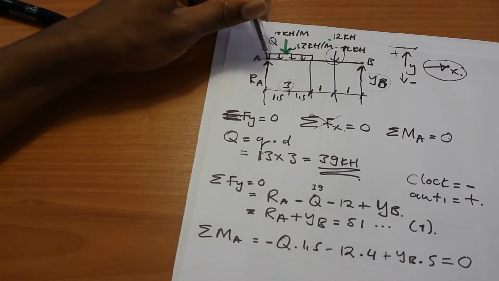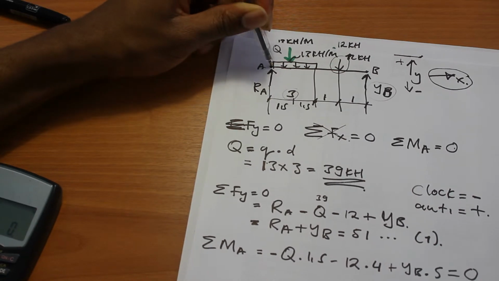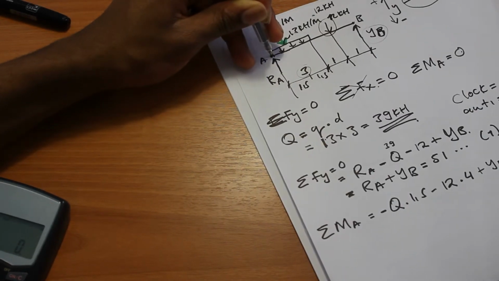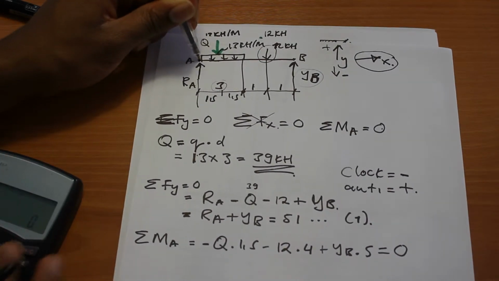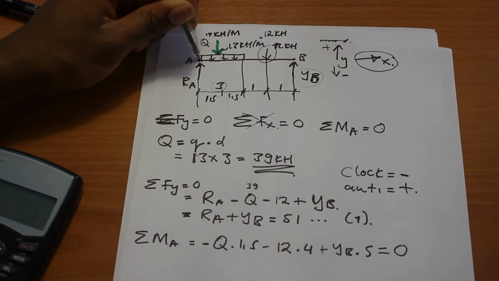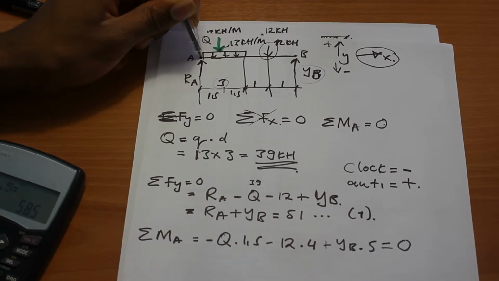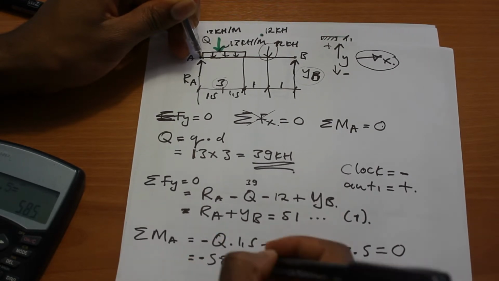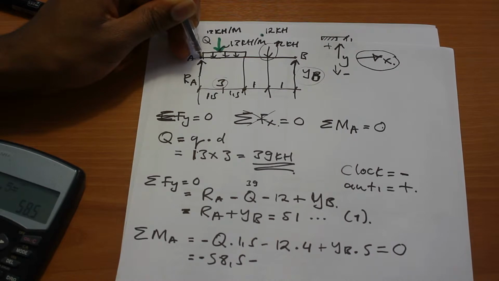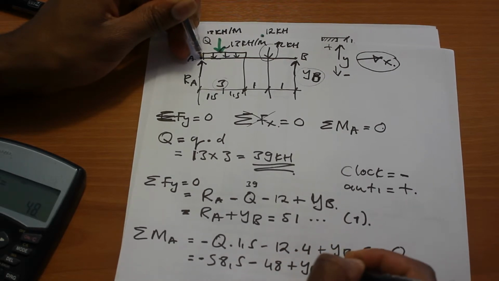I have the value for Q. The value for Q is 39. So I can comfortably say that 39 multiplied by 1.5 will give me 58.5, minus 58.5, and then this will be minus 12 times 4, which gives me 48, plus YB times 5.